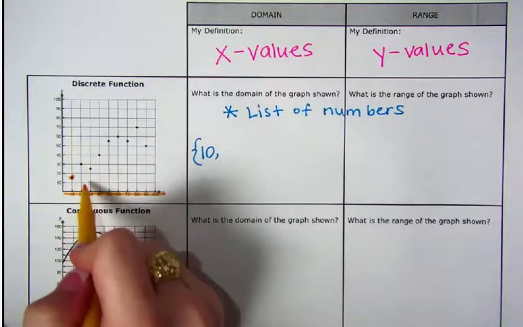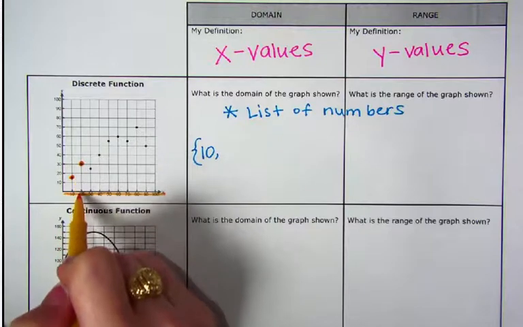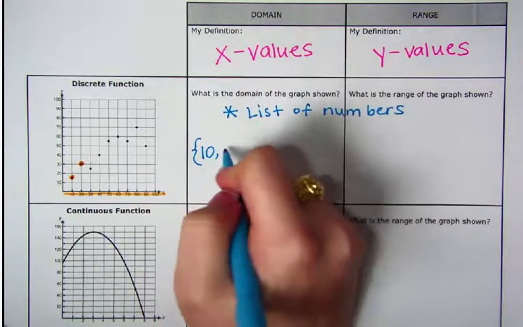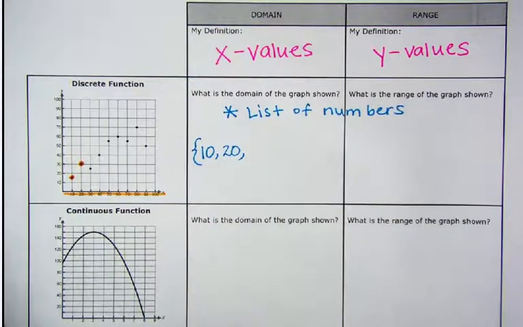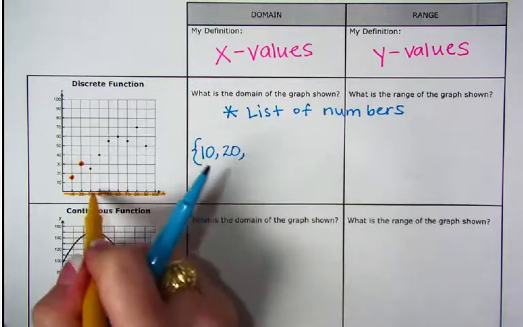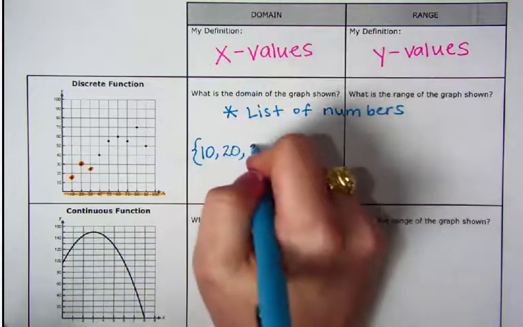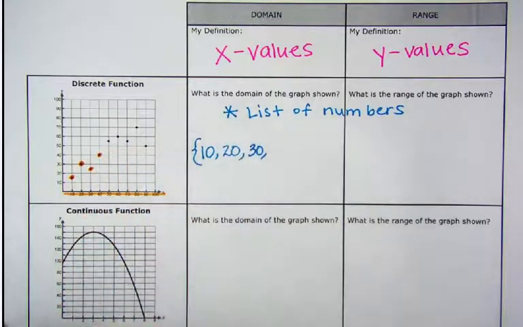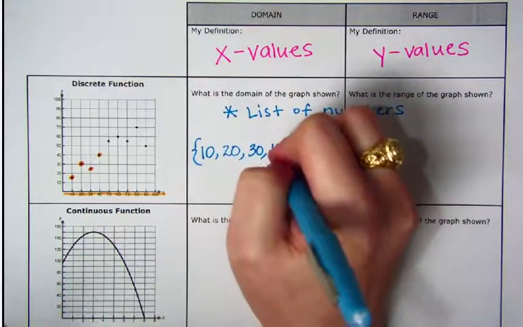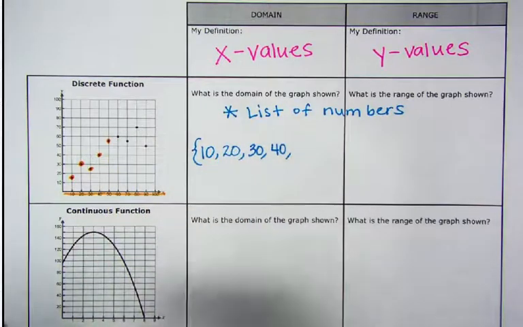Now I go to my next point. What is the x value of that point? It is 20. So I write 20, and I'm going to keep doing this with all of the points. So my next point has an x value of 30. Then we have a point at 40. Then 50.